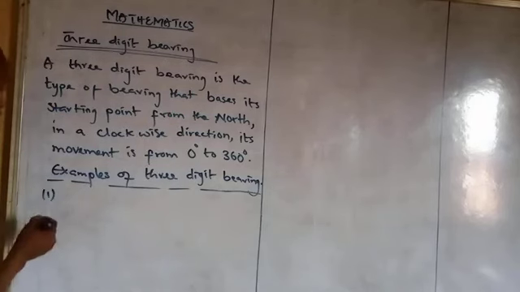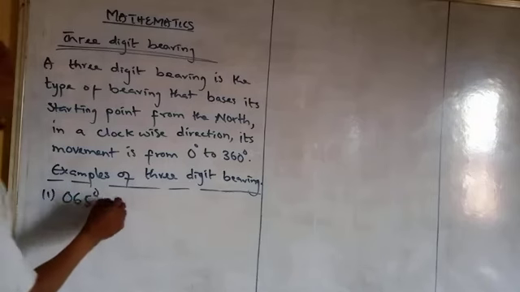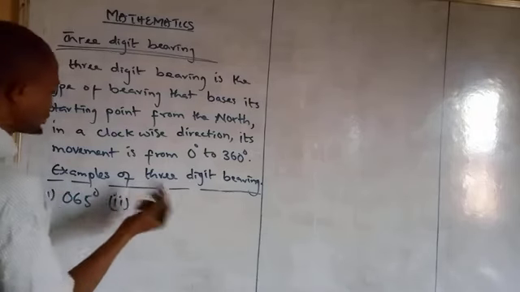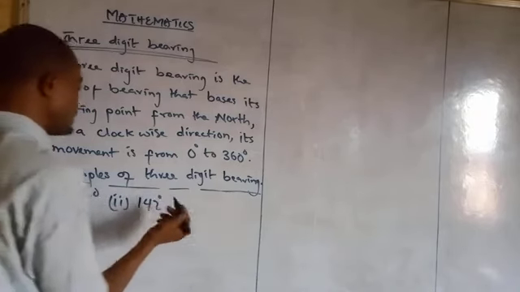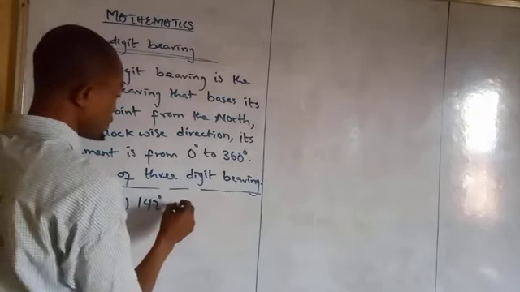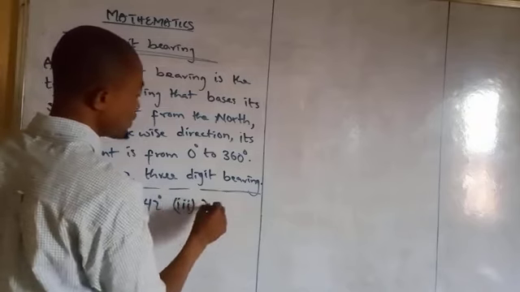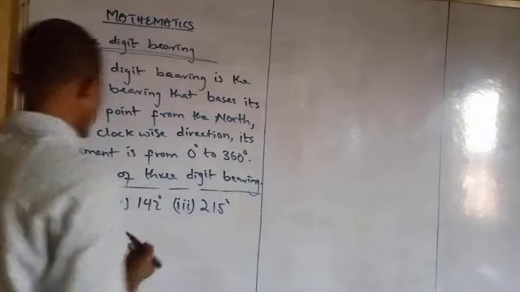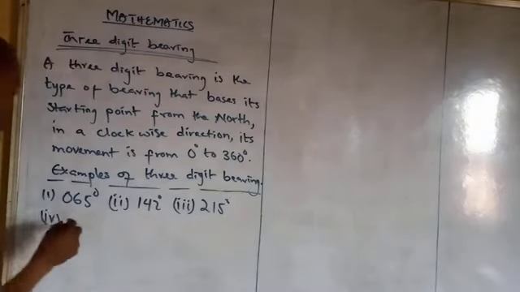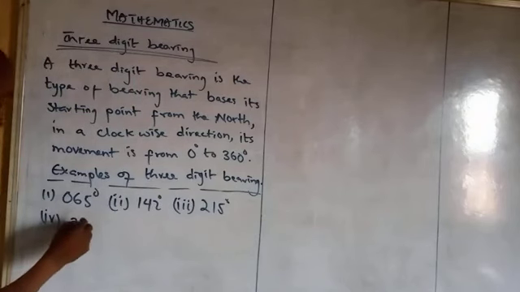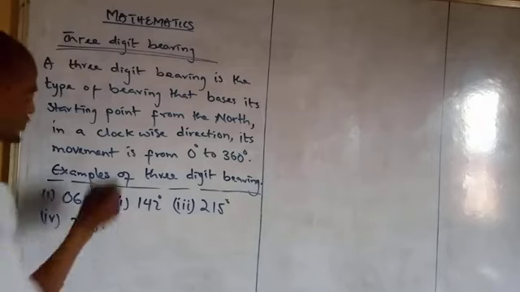One, let's have 065 degree. Two, 142 degree. Three, let's say 215 degree. Four, 275 degree.